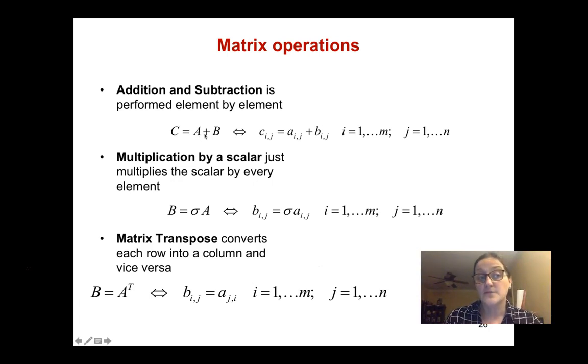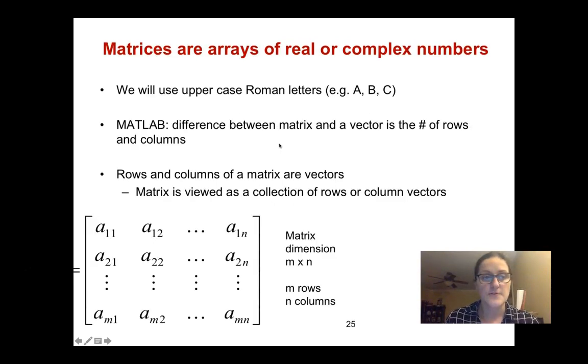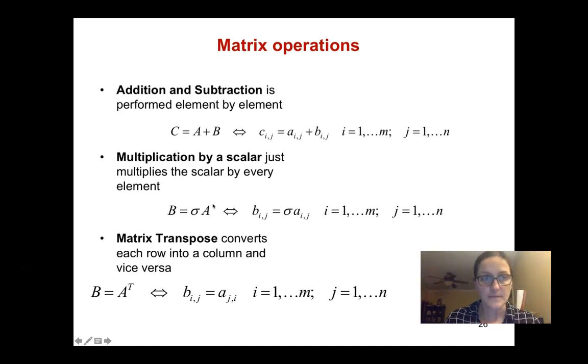Now, we can do some standard operations just like you would expect to. If I'm to add two matrices, they should have the same dimension, and then I can simply add corresponding entries in these two matrices. We will typically refer to a number in the ith row and jth column as aij. So here a22 is the number in the second row and second column. a21 is in the second row and first column. I will sometimes write this comma, most of the times I will not, depending on whether it's obvious what I mean by cij.